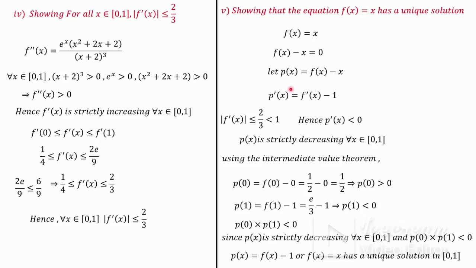Then we have to identify whether it touches the x-axis in the interval 0 to 1 at least once, and to do that we rely on the intermediate value theorem, by getting the product p of 0 times p of 1. If this product is less than 0, the function p of x touches the x-axis at least once in the interval 0 to 1, which was the case. That is, p of 0 times p of 1 gave us a negative sign, less than 0, from which we conclude that the equation f of x equals x has a unique solution.